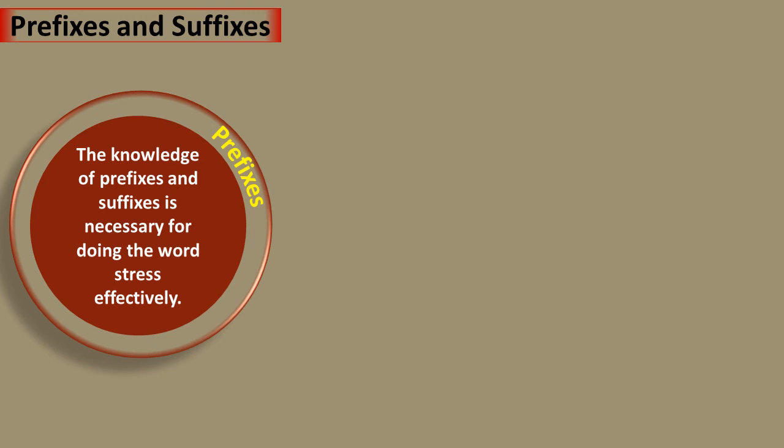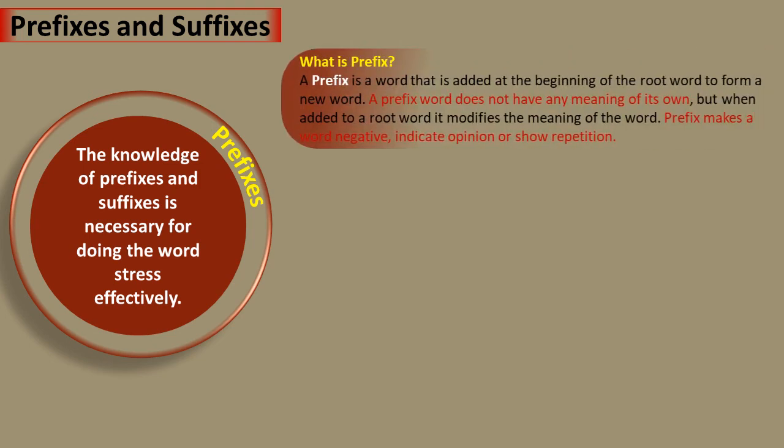Coming to prefixes, we have to understand at first what a prefix is. See the information. A prefix is a word part that is added at the beginning of the root word to form a new word. A prefix does not have any meaning of its own, but when added to a root word, it modifies the meaning of the word.